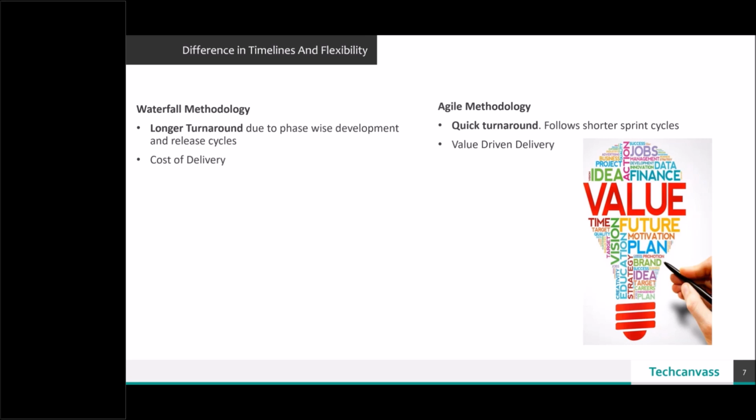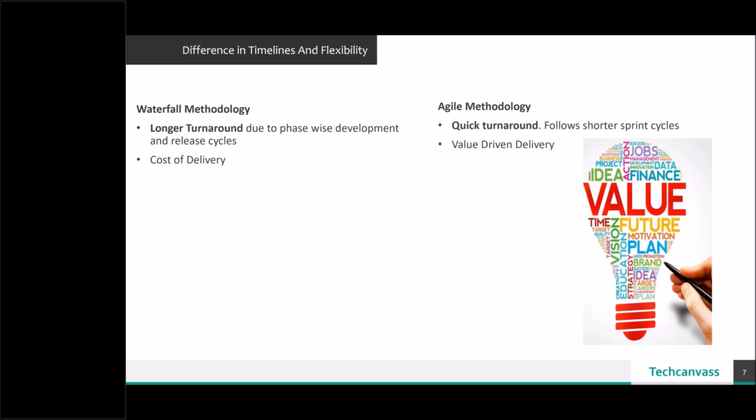Even a shorter project of about 4 to 6 months generally tends to go up to 8 to 10 months because of the longer turnarounds and depending on how many bugs are found in the SIT phase.